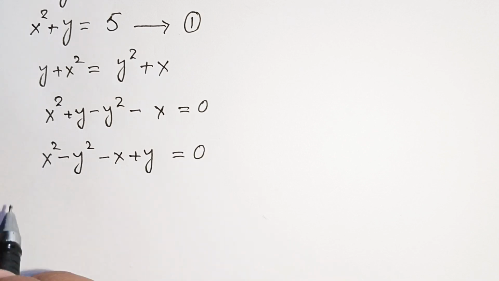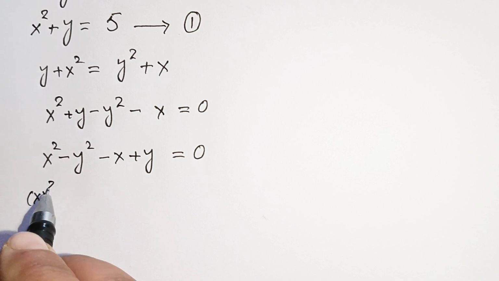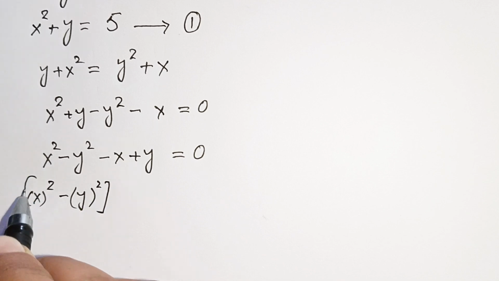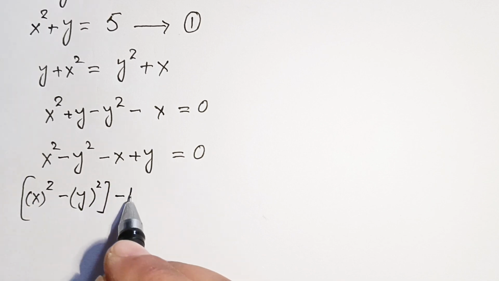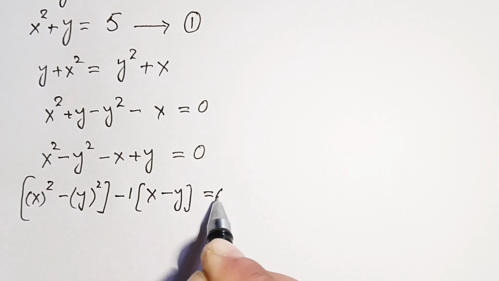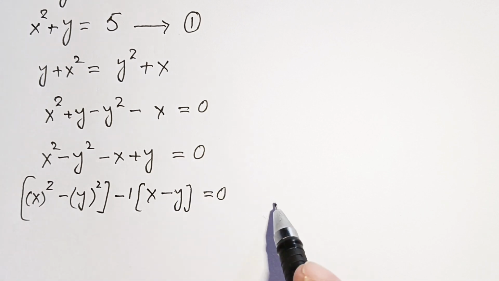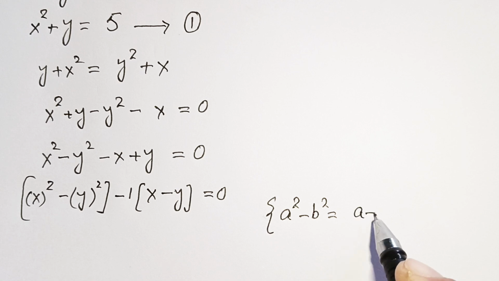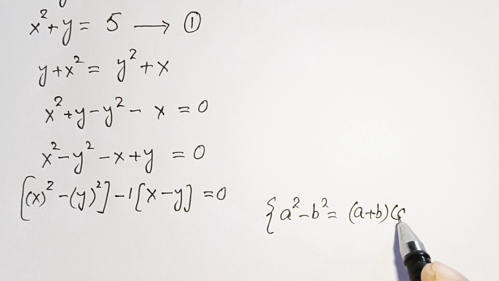Now here we see x squared minus y squared, so it is the first pair. And here if we take minus 1 common, then we have x minus y. Now we know by algebraic identity that a squared minus b squared is equal to a plus b times a minus b.